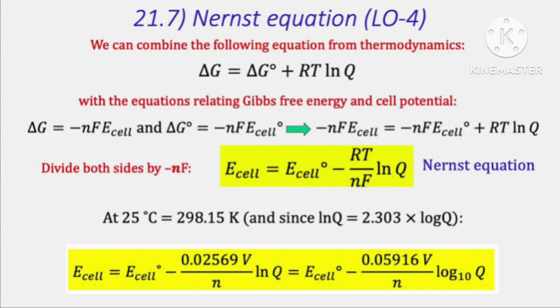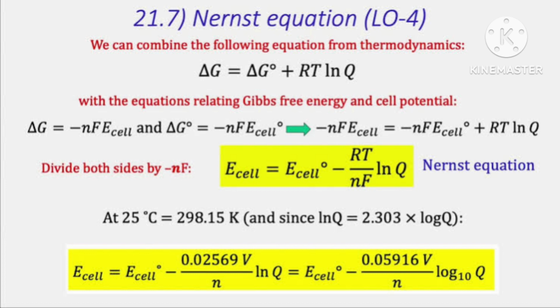Since E cell was 0, the minus term 2.303 RT divided by 2F log of the concentration of Zn and copper is brought to the left side.